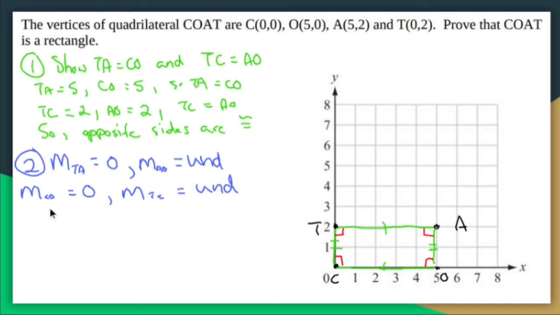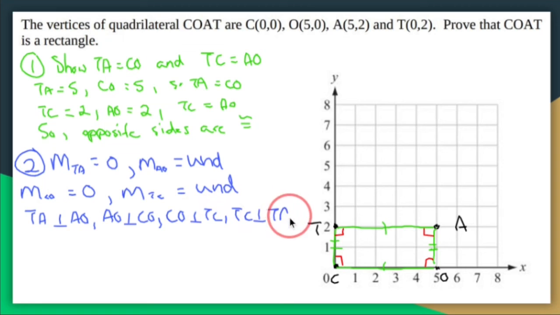What that means is TA is perpendicular to AO. AO is perpendicular to CO. CO is perpendicular to TC, and TC is perpendicular to TA.